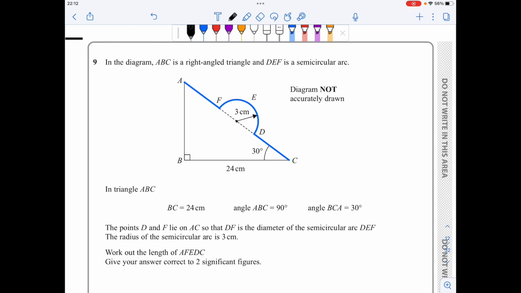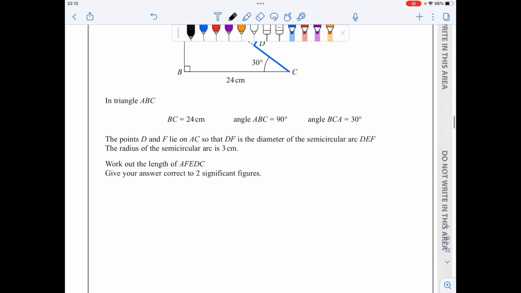So to find the straight line from A to C, I will use cos 30 is equal to adjacent over hypotenuse AC. Hence, AC is equal to 24 over cos 30. This comes out to be 16 square root of 3, which is approximately 27.71, and so on.